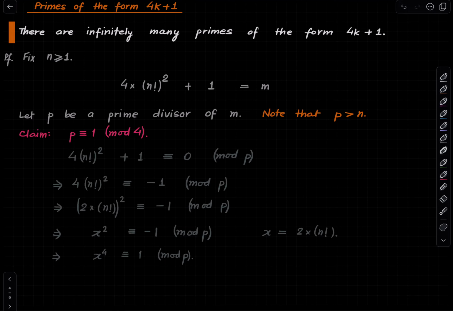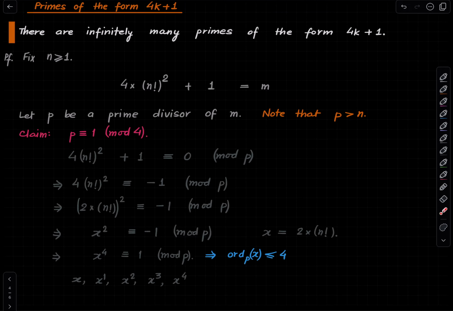So we have this number x, and these are the powers of it. And we see that this is congruent to 1 modulo P. So we see from this that the order of x modulo P is at most 4.